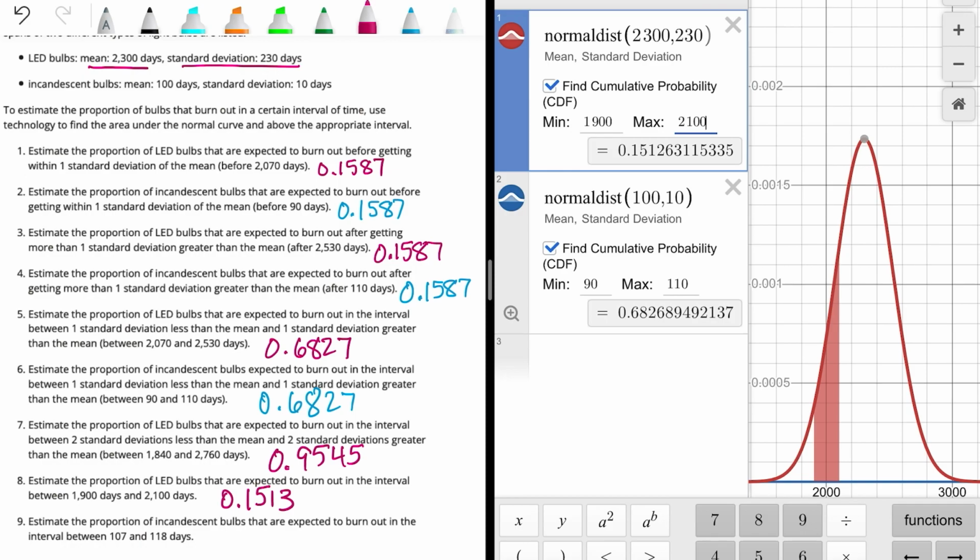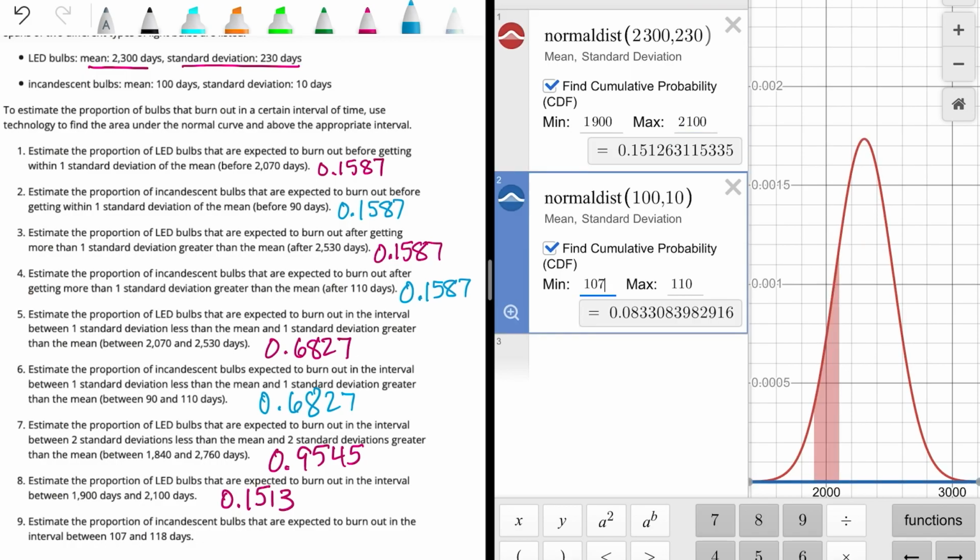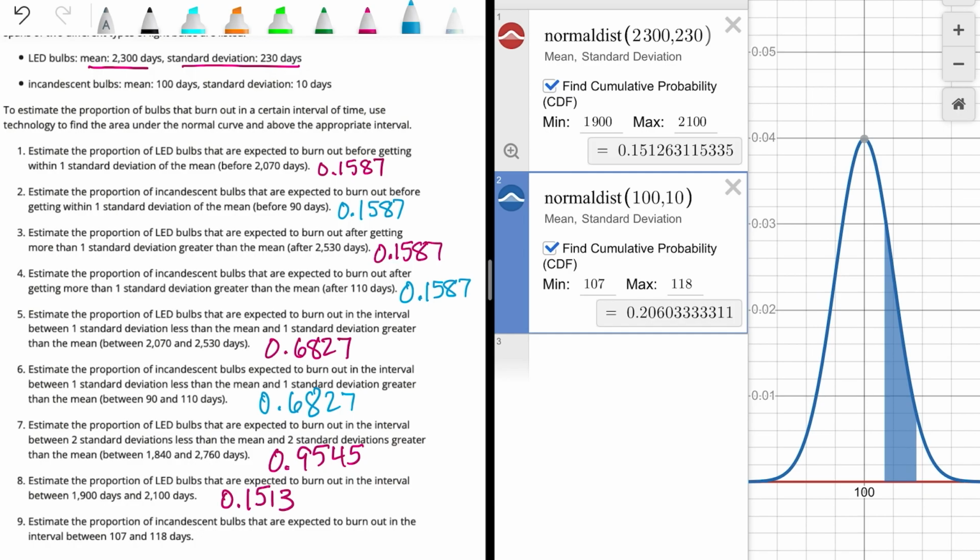All right, and then for incandescent bulbs, for the last one, we're looking at the proportion that we expect to burn out between 107 days and 118 days. And let's take a look at that. And now we're above the mean, and it's 0.2060.